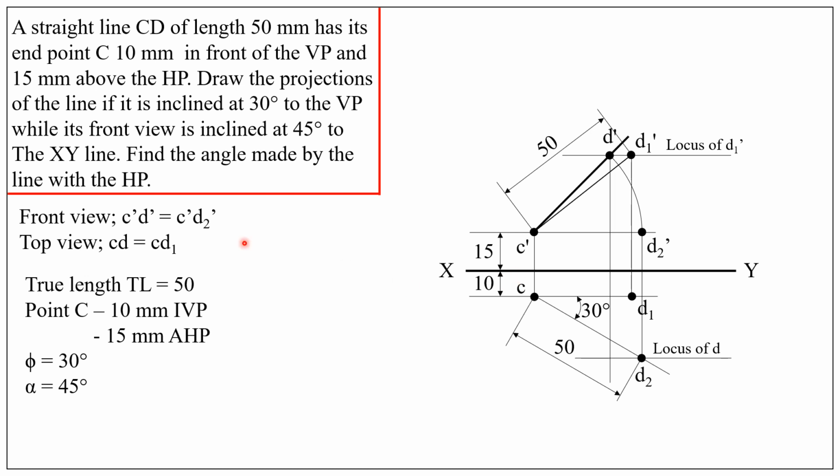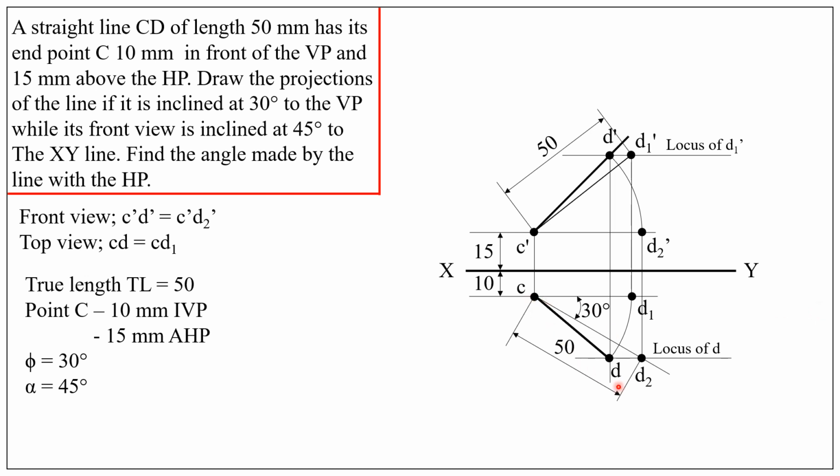Now make use of this concept, CD equal to CD1. Fix C as center and take CD1 as radius, draw an arc. Definitely it will pass through this point, and it is the position of point D in the top view. Join CD.